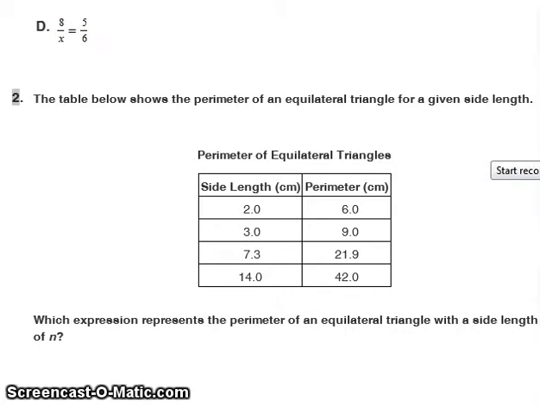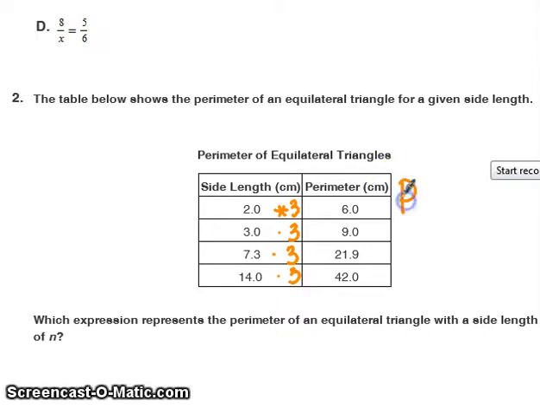What are we doing to the side length here to get to the perimeter? And we're staying consistent each time. Now if you know your multiplication facts, you should see that 2 times 3 is 6. 3 times 3 is 9. And if you use your calculator, multiply by 3 here, multiply by 3 here. So we're multiplying by 3 each time.